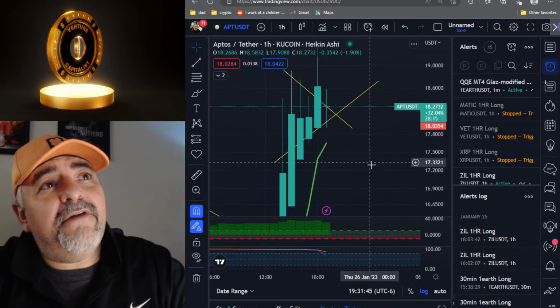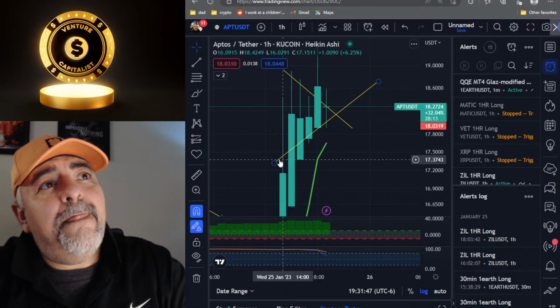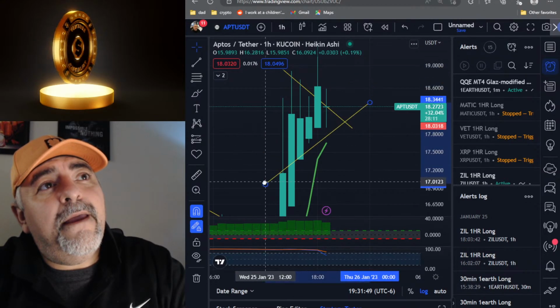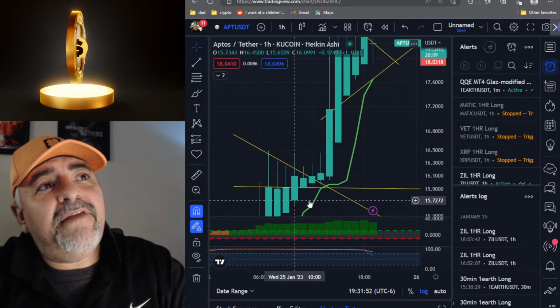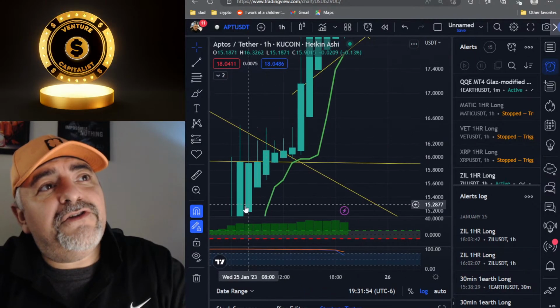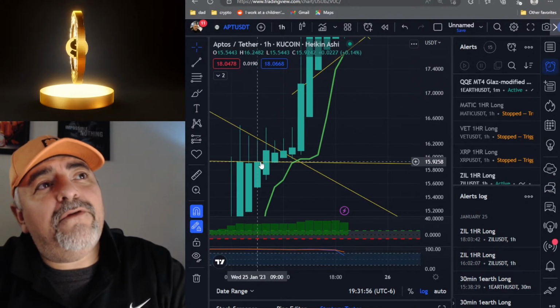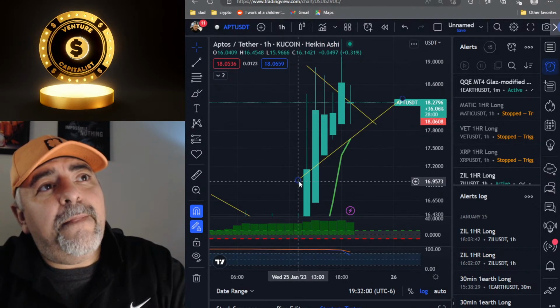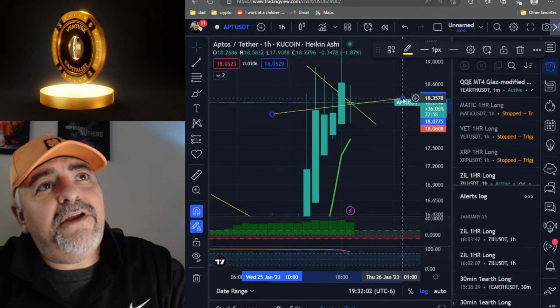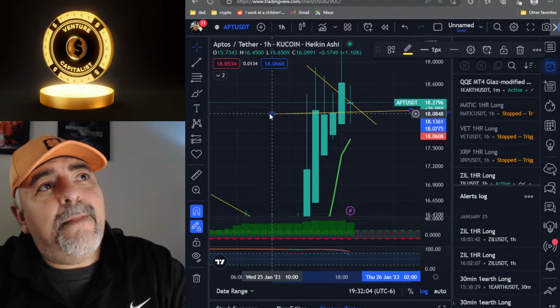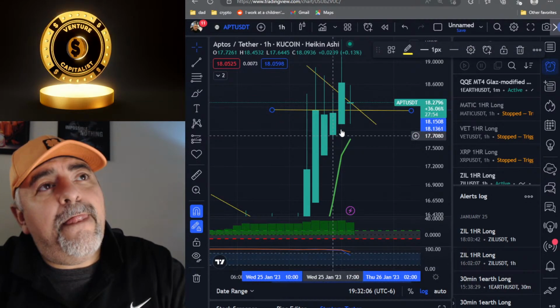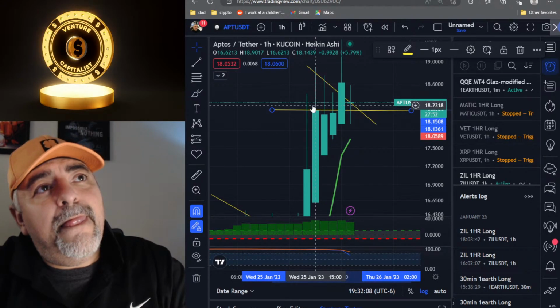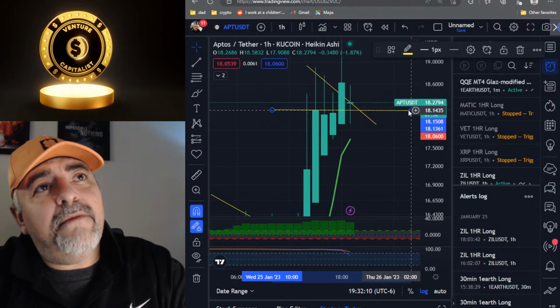Now the difference here is right here, see this candle here? Here's your huge candle. We got candles leveling out on the top, right? Here's your huge candle. So when we go here, we have our huge candle. Then we're coming down, pushing up.